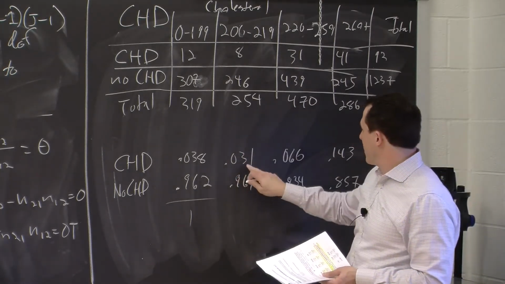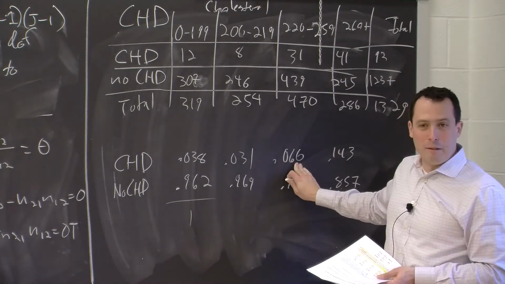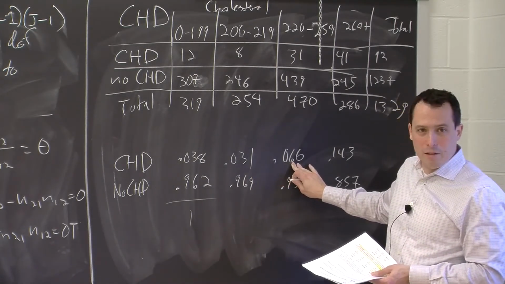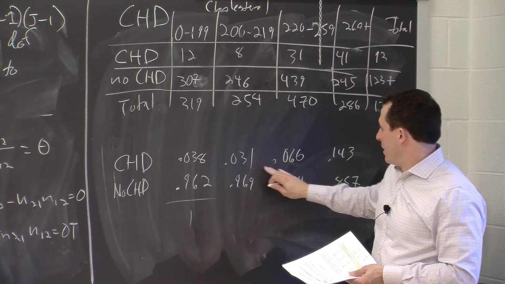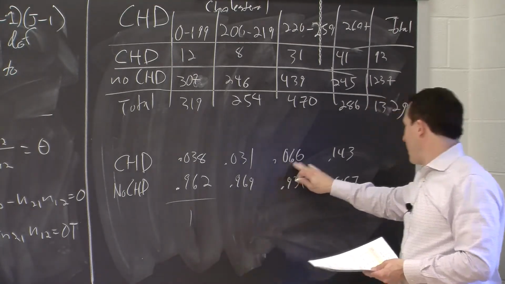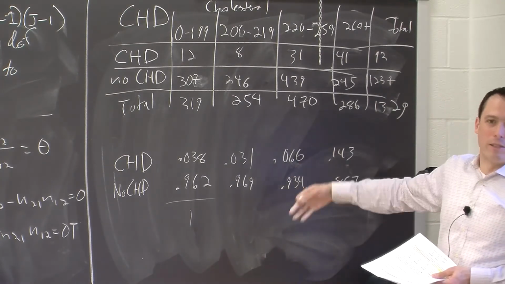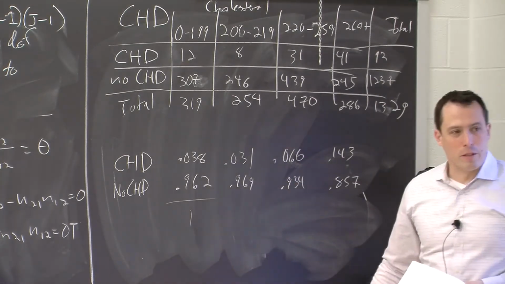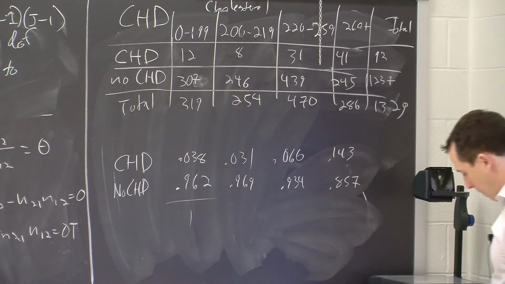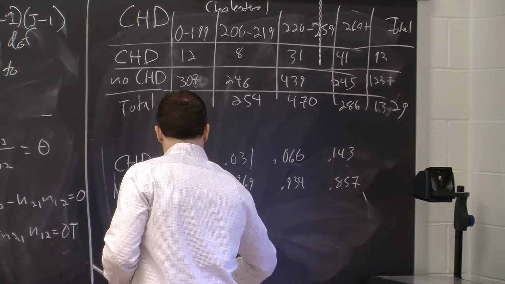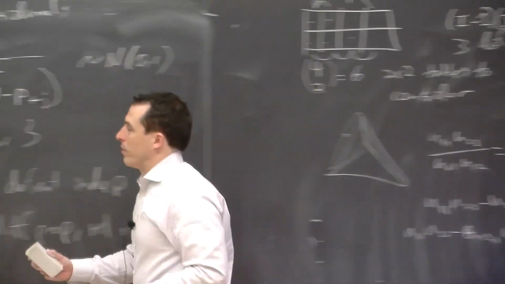And we could separately test, is this jump, this apparent doubling in the rate of disease from 0.031 to 0.066, the doubling in the relative risk being around 2, significant or not? Is this again doubling or more here? Is that significant or not? Or we could ask in terms of odds ratios or proportional risk or a number needed to treat or whatever. So in other words, what we want to do is take subtables of that.